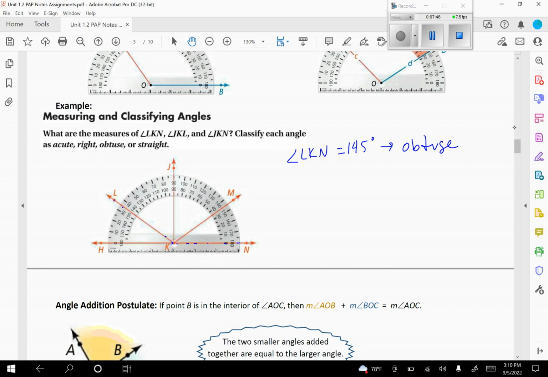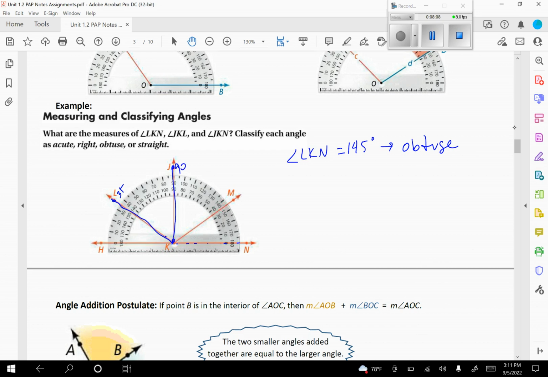Okay, our next one is angle JKL. So we start at J, here's K, and there's L. So they want this wedge right there. So I'm going to see here, it looks like L is between 30 and 40, so I'm going to call it 35. This one here, J is right at 90.